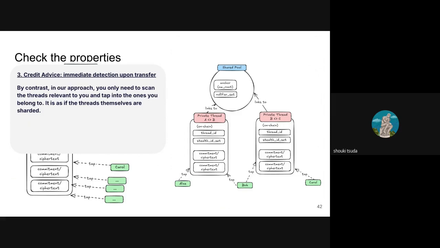You only check your own threads, not thousands or millions, just your actual business relationships. This is the same design as existing messenger apps and should achieve good UX without sacrificing real-time performance.